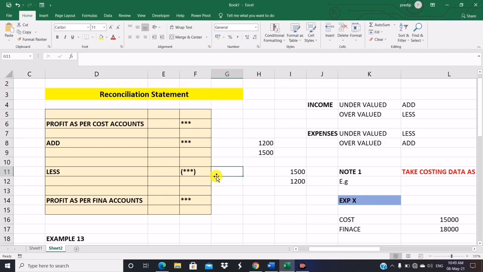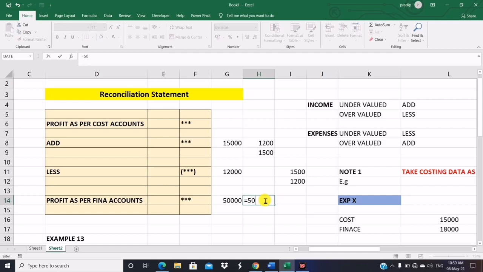For example, in a question paper, profit as per financial accounting is given as 50,000. We have done less 1200. We have added rupees 15,000, and we have to find out profit as per cost accounting. So first we take 50,000.